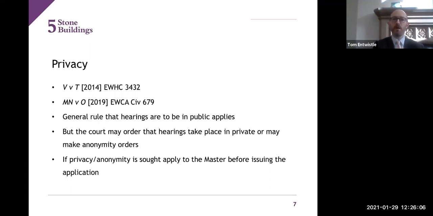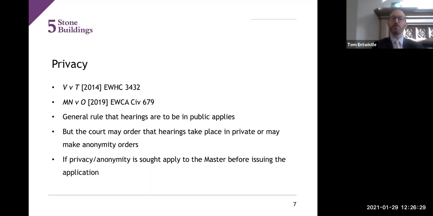But although the Court of Appeal therefore upheld the refusal at first instance to make a privacy order, it did reverse the judge's refusal to make any form of anonymity order at all, though the one made in this case was rather less extensive than in V and T, in that it only prevented the minors from being identified.